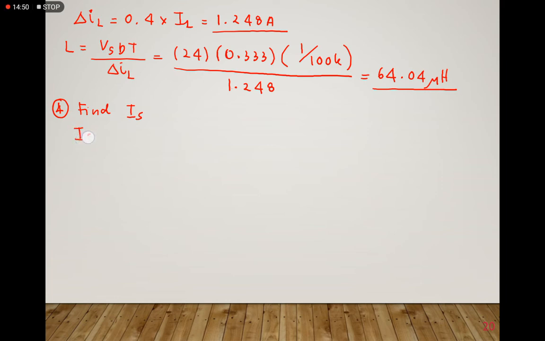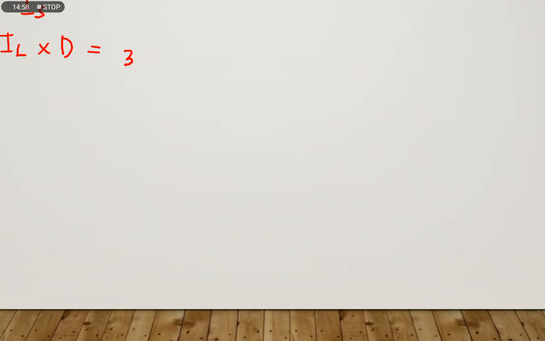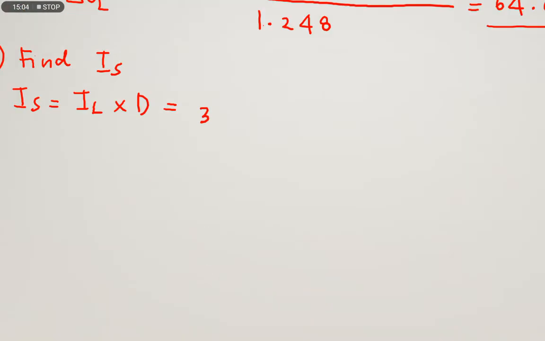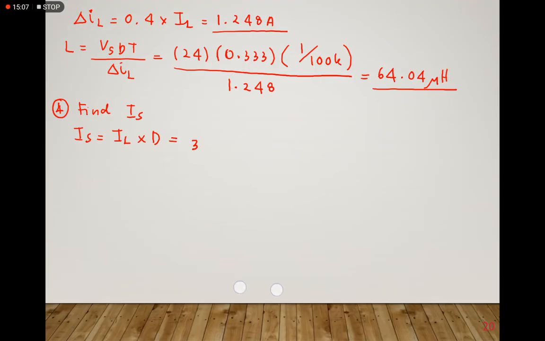From the equation, your IS will be equal to IL multiplied by D. So your IL is 3.1188 multiplied by 0.33, equal to 1.039 A.